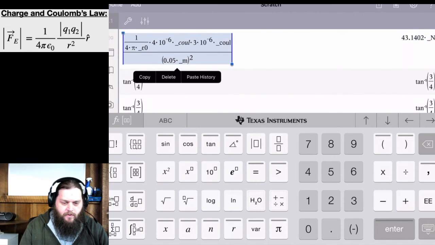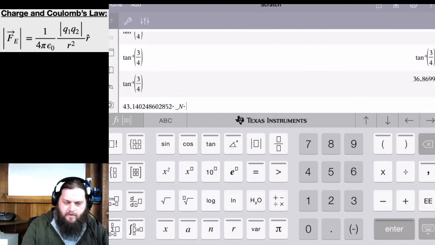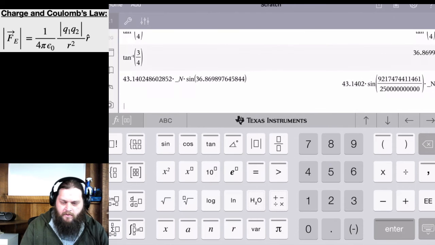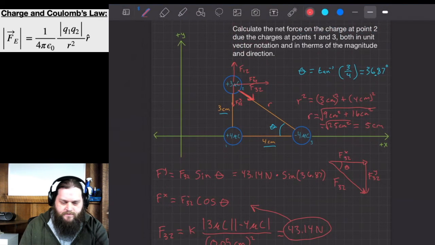Go back up to our magnitude of force. We're going to multiply that by the sine of this angle, and we can get the component in the y direction, which is 25.88 newtons.